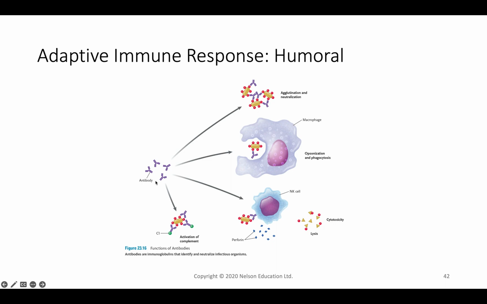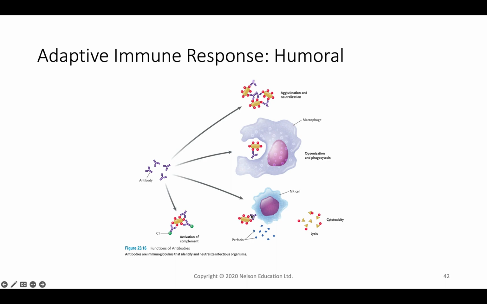Okay, so here's what I mean by that. So here we have the antibodies. The antibodies are going to go out into circulation. They're going to cause an agglutinization reaction where they're binding to the antigen on the surface of the pathogen, which sends up a red flag for something like a macrophage, which is able to then phagocytose this foreign pathogen. Same thing with the natural killer cells.